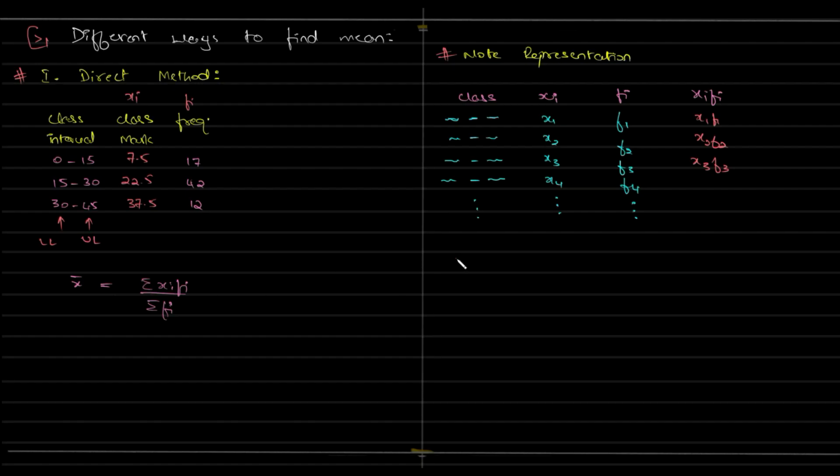So when someone writes summation of xi fi, we know summation means sum of what? x1 f1, the product of that, second term, third term, so on and so forth. And summation of fi happens to be f1 plus f2 plus f3, so on and so forth, right?